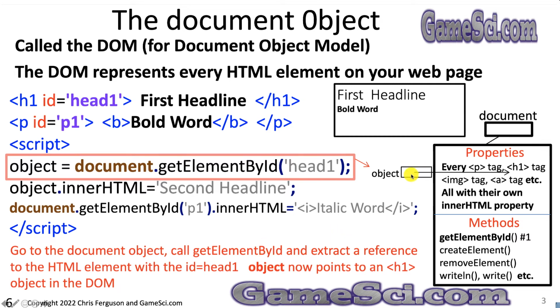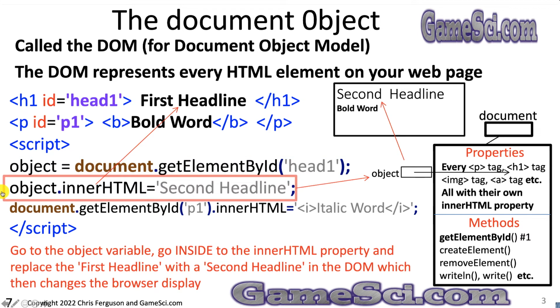Object literally points to an H1 object within the DOM. Remember, the document object contains an object for every tag, not just these two, but every tag that's displayed on the web page. If you have 100 tags on your web page, you have 100 objects in your DOM. Each one of those objects has an element in the DOM.